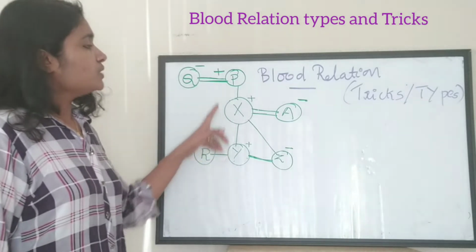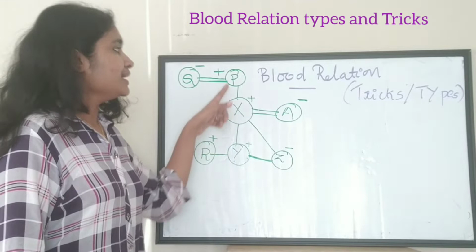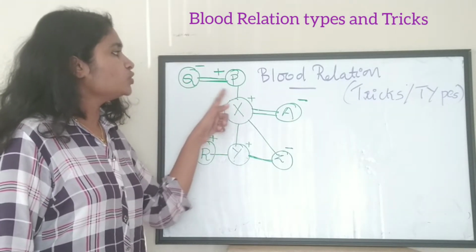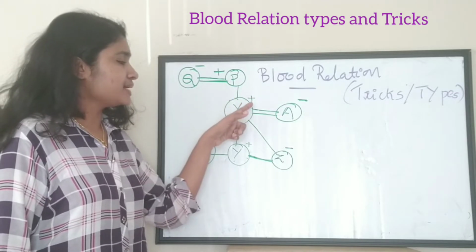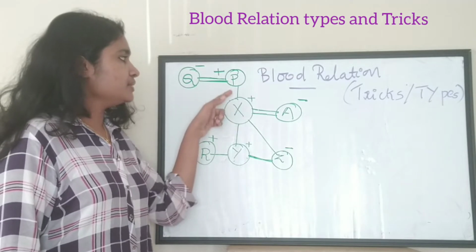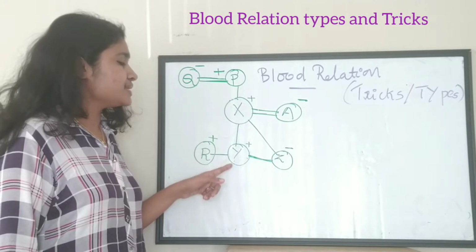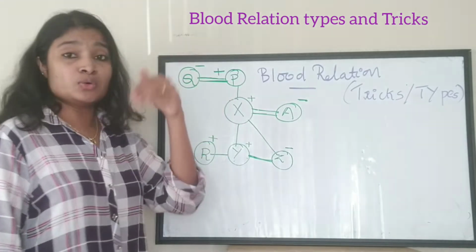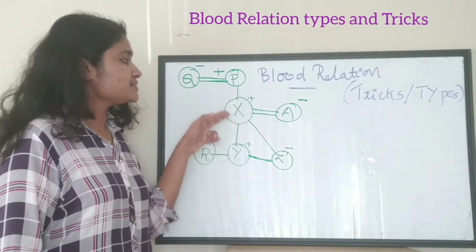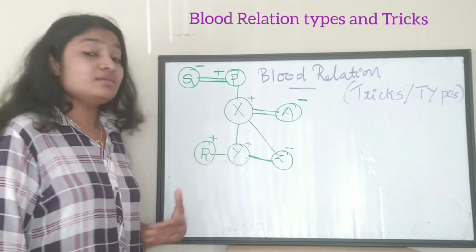Okay, so the next thing is that I've drawn a line from P to X. This indicates that X is either the son or daughter of P. From the sign, plus or minus, we can find whether it is a son or a daughter. So this line drawn downwards from one circle to another indicates either a son or a daughter. Now this single parallel line indicates that they are either brother or sister.